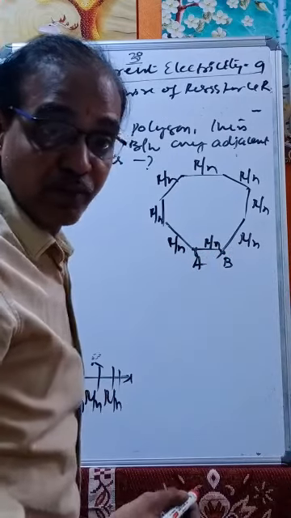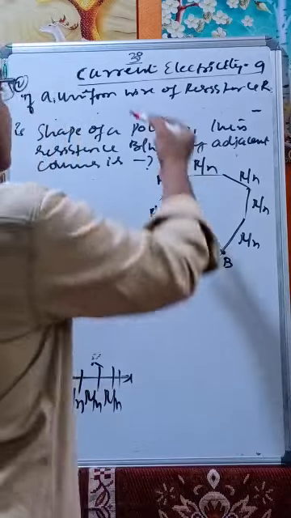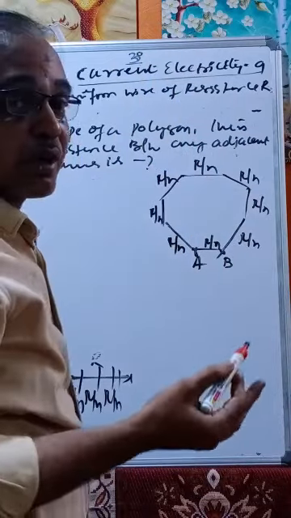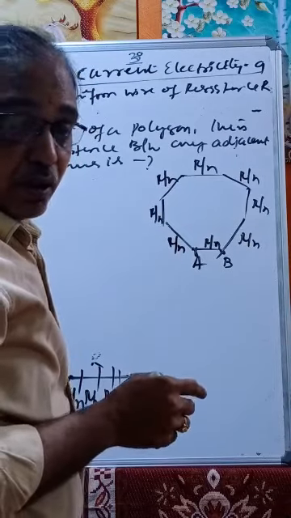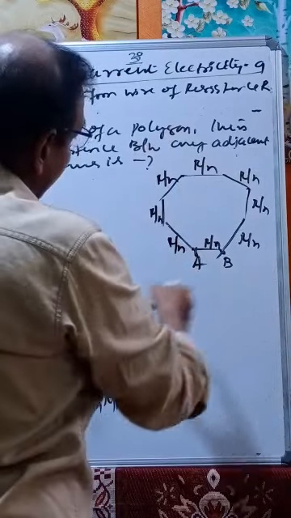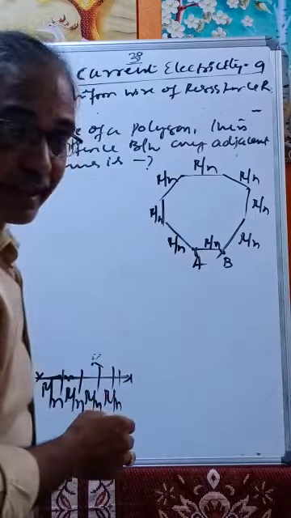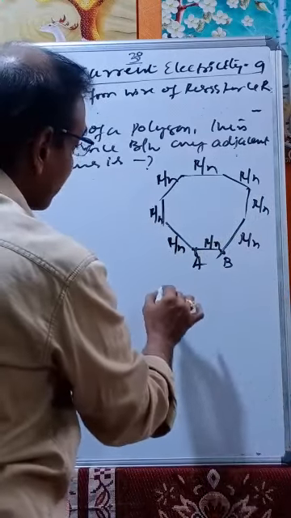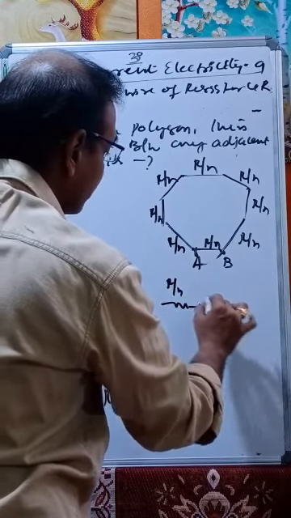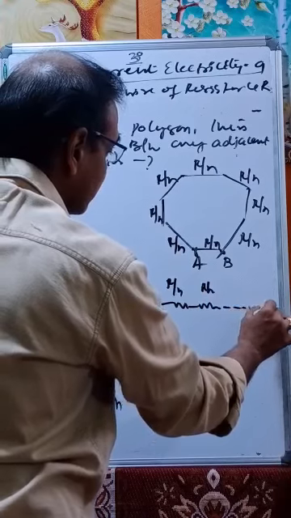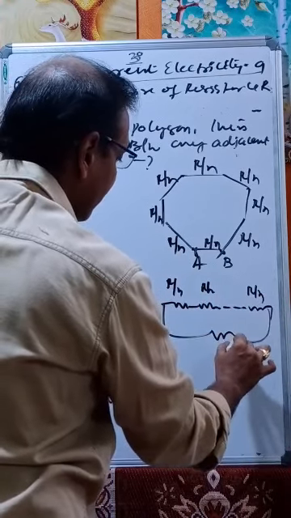Now, what is the resistance between the remaining two adjacent corners? Again, in this case the total resistance is R, divided into n parts, so each resistance is R by n. Here, the same procedure: this is R by n in parallel with R by n.